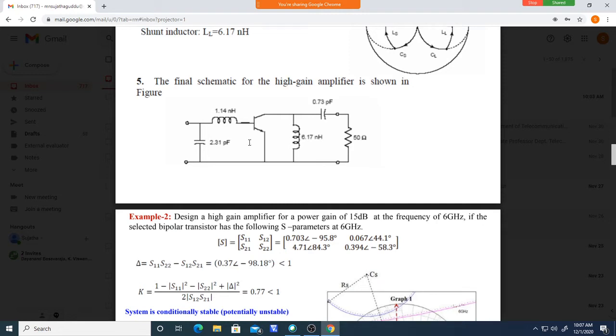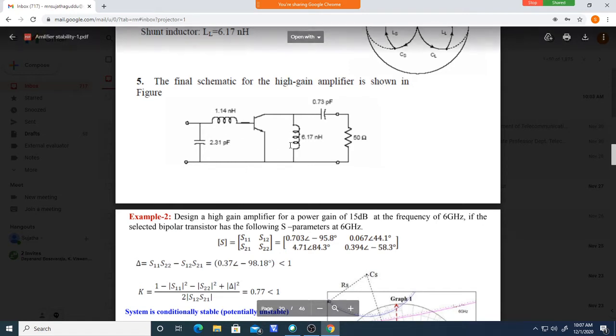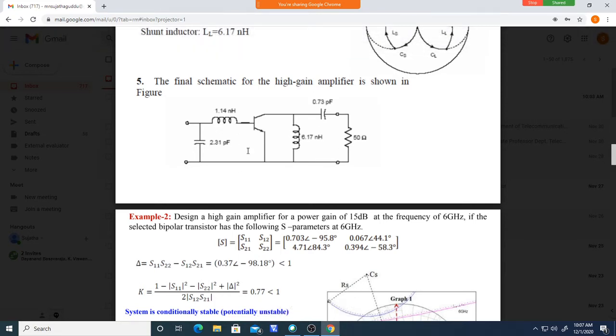to get that particular value of gain. Similarly, what is the value of ZL to get a particular value of gain? So you should know ZS and ZL. For a particular gain required at the input side and the output side, we will have a set of ZS values and ZL values.